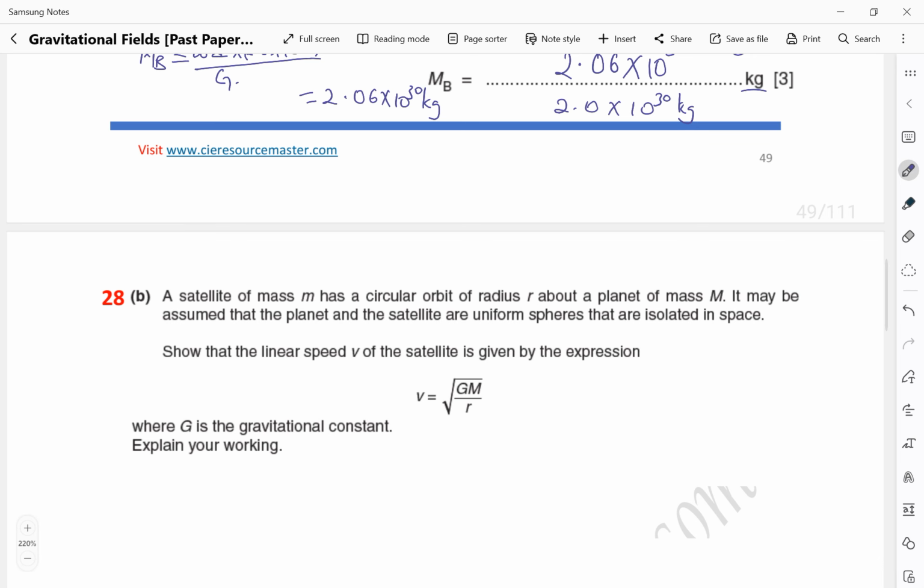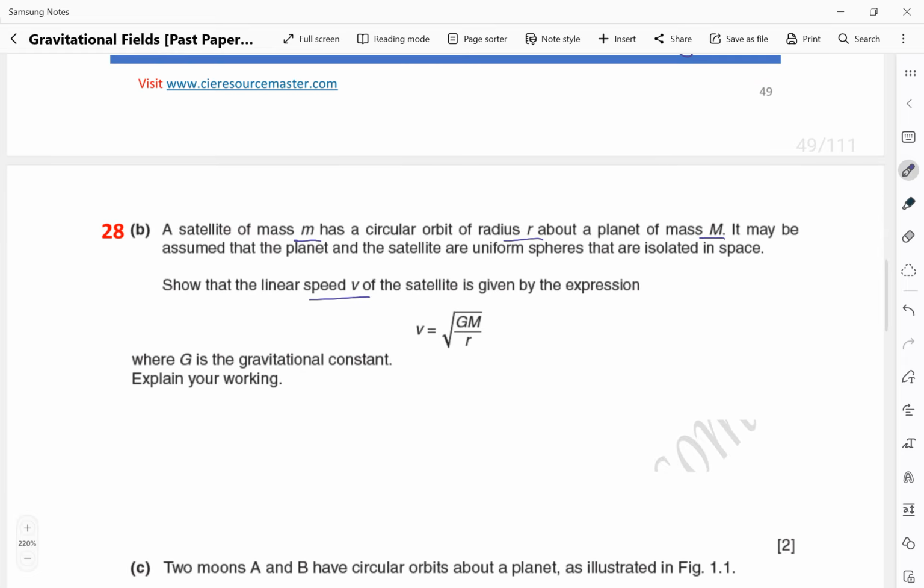A satellite of mass m has a circular orbit of radius r about a planet of mass M. It may be assumed that the planet and the satellite are uniform spheres that are isolated in space. Show that the linear speed v of the satellite is given by the expression v equals the square root of GM over r, where G is the gravitational constant. Explain your working.